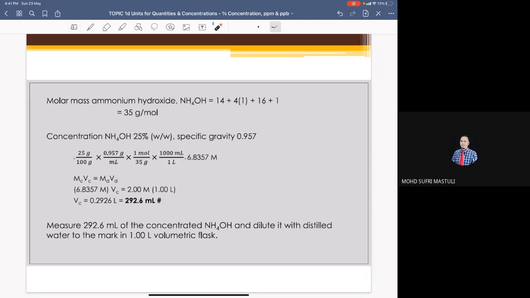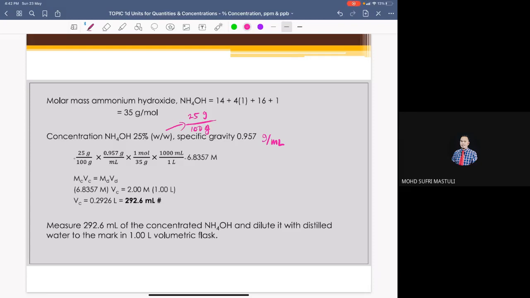So the concentration is 25% weight per weight, meaning that this concentration is 25 gram in 100 gram, and the specific gravity is 0.957 gram per milliliter.